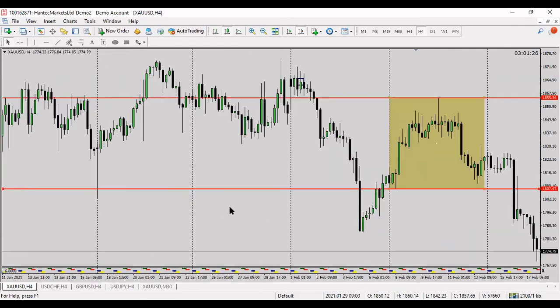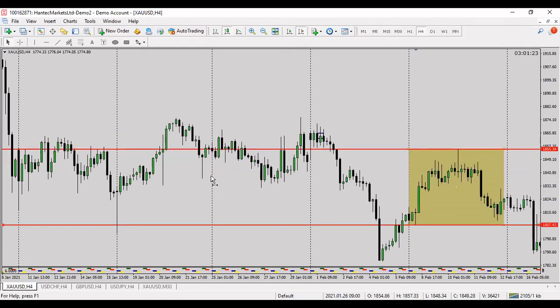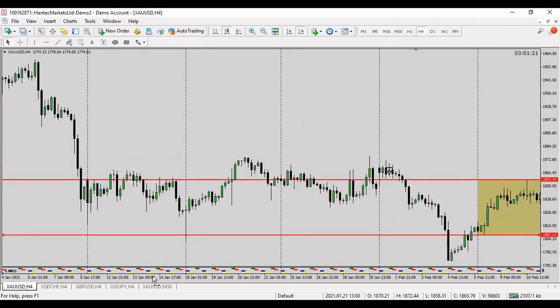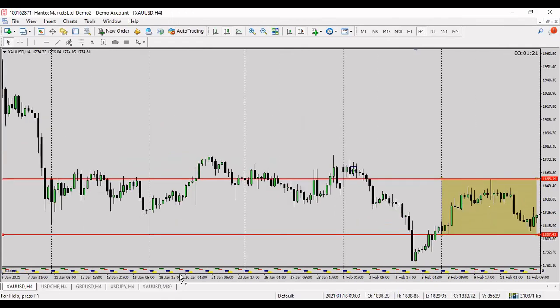I'm looking for very good examples that I can show. Now let's come back to this week. That was between the 18th and the, when was this? Let me place horizontal lines. This is the period I'm referring to.